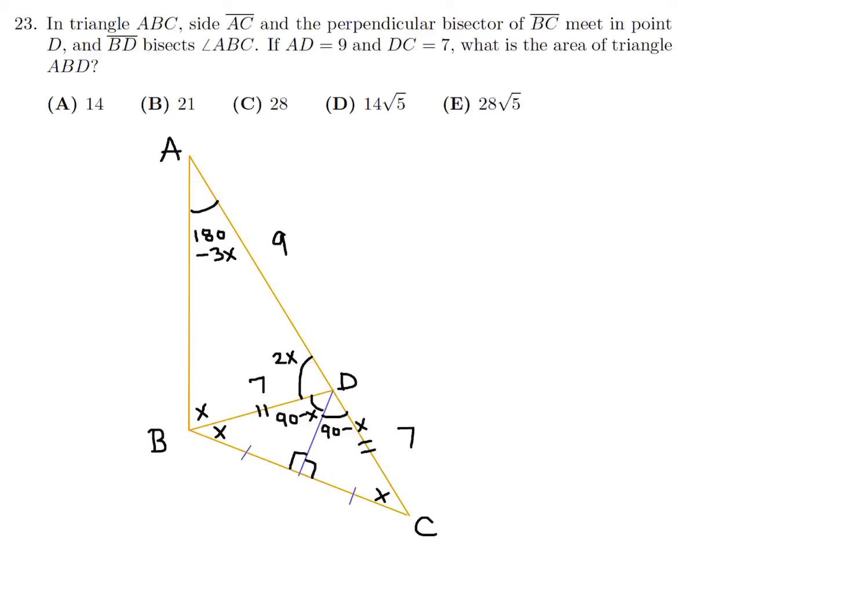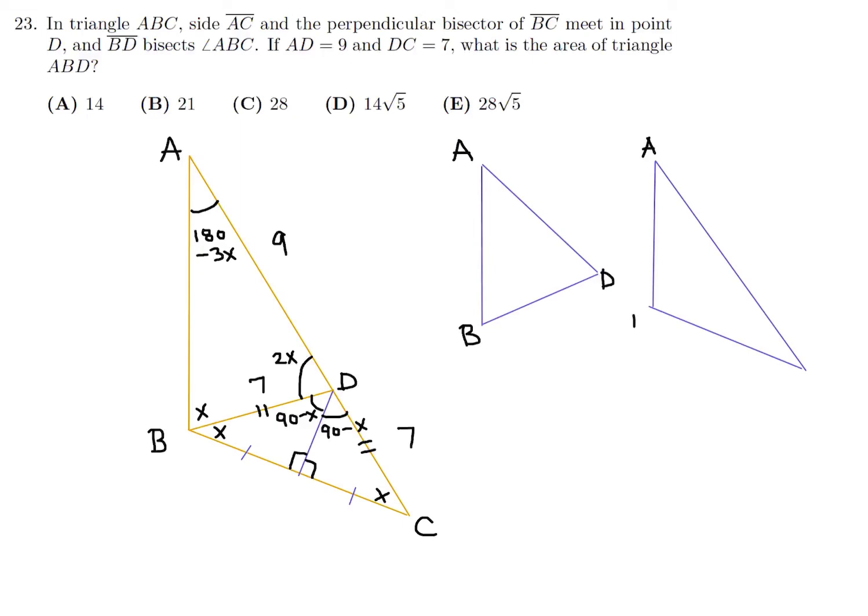Now I'm going to put two triangles side by side, and I want you to see that they are similar. So these two triangles are A, B, D, and A, B, C. Now watch what happens when I label the angles. This is 180 minus 3x, correct?